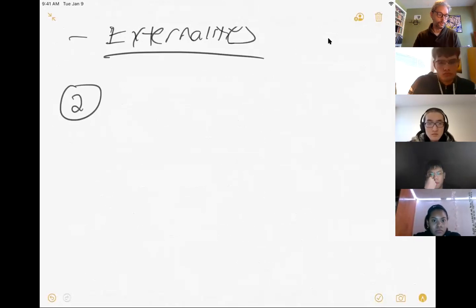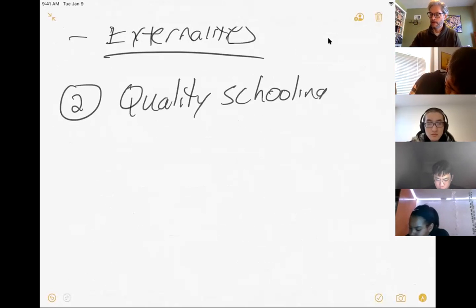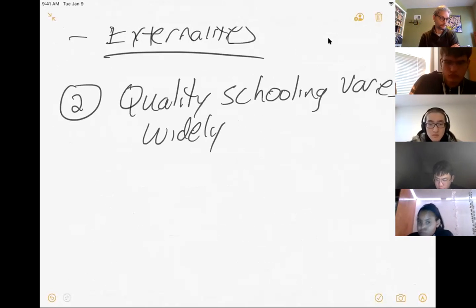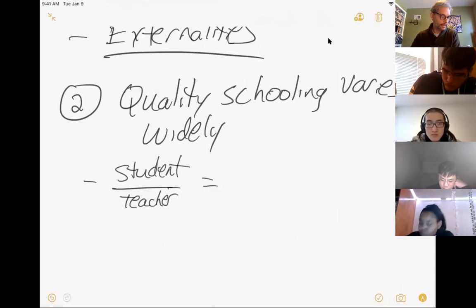The second is, one of the things we know is that the quality of schooling varies widely. To say that a kid can go to school does not mean that they're learning anything. If you look at the student to teacher ratio in rich countries, this is 16.